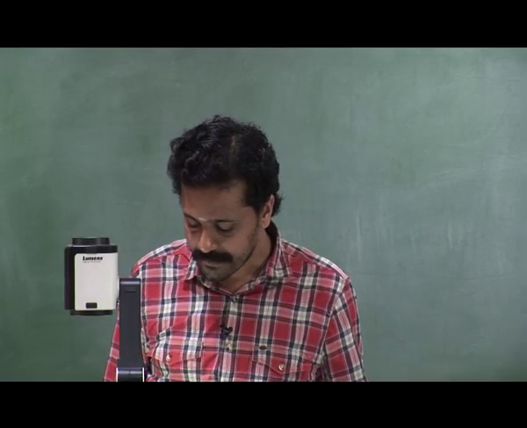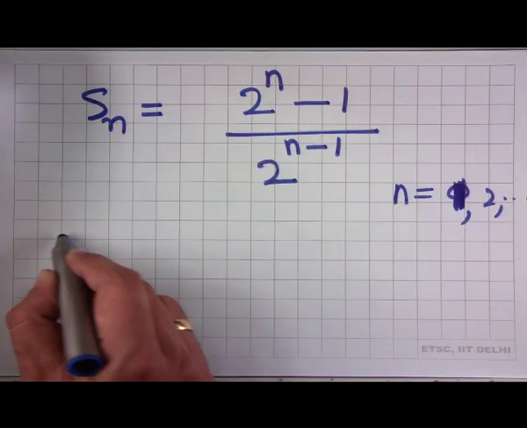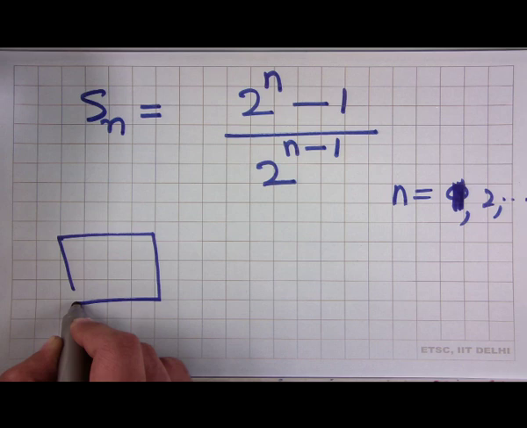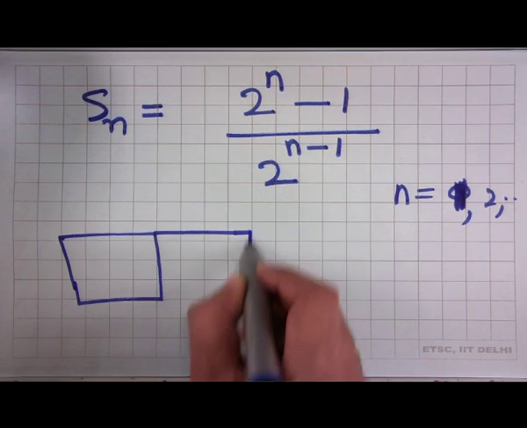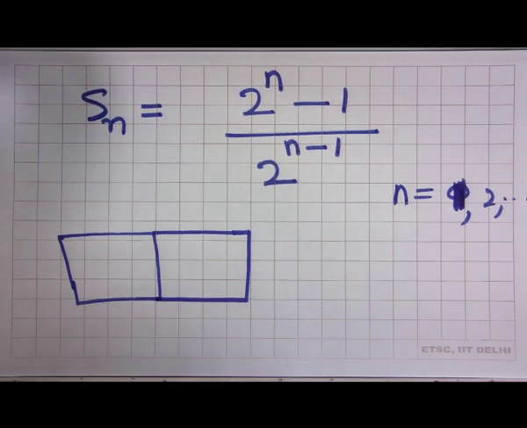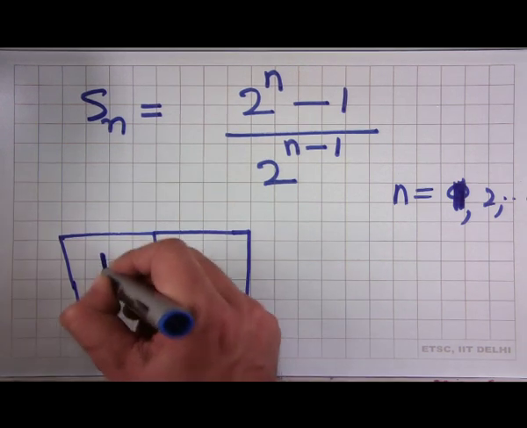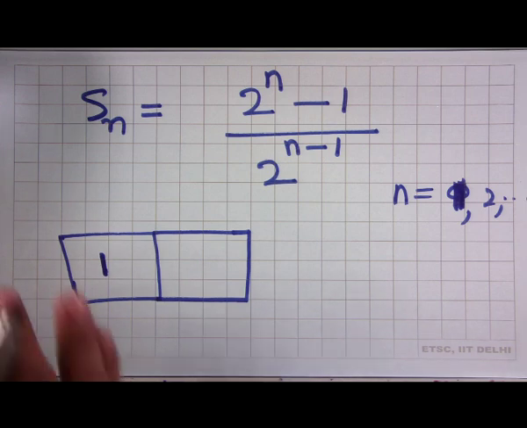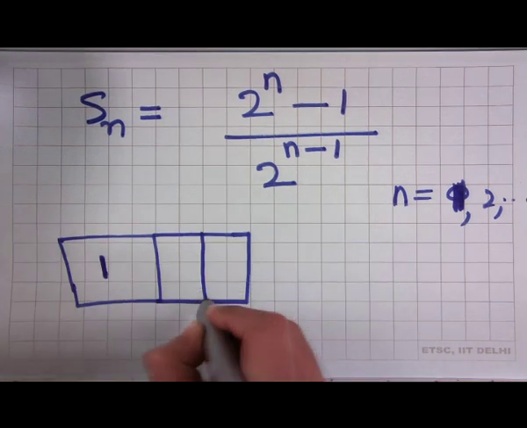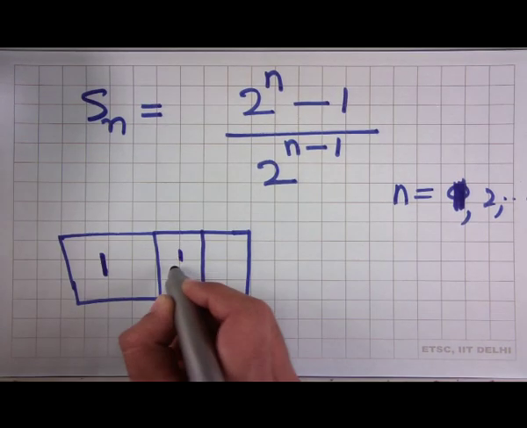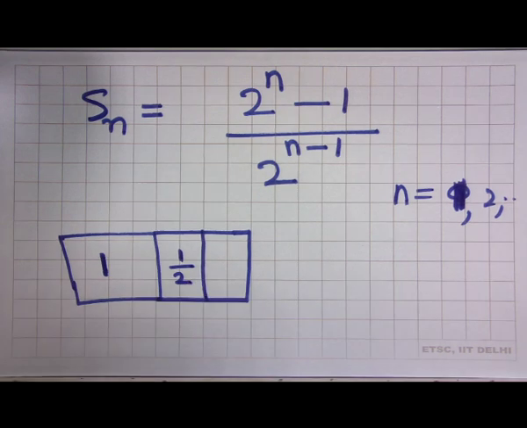Consider a unit square. Imagine two copies of the unit square are pasted like this. The area of this one is 1. Let us halve the second unit square. The area of this first half portion is 1 by 2 and the second half portion is 1 by 2.